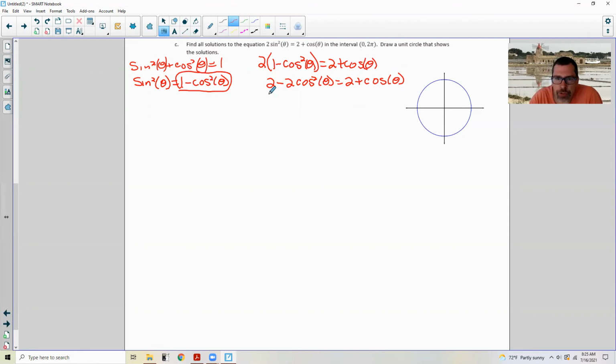Okay, I have a 2 on both sides. So subtract 2 from both sides, they go away. That will simplify to 2 cosine squared theta equals cosine theta.